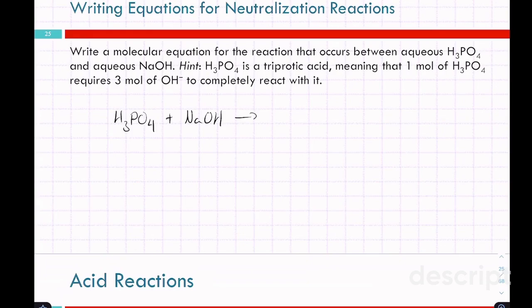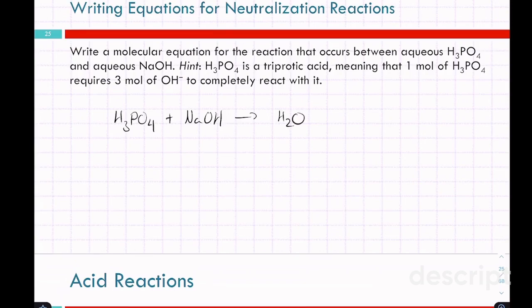So what are the products going to be for this reaction? One of the products is always the same for a neutralization reaction. Water. So water is one of our products.